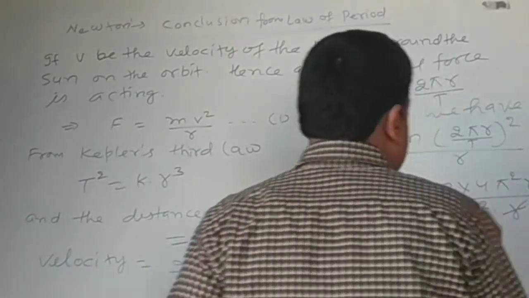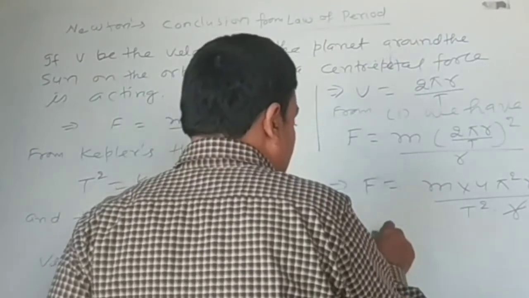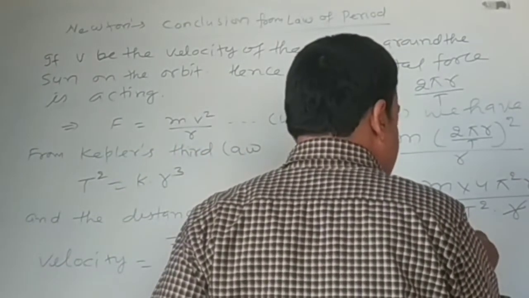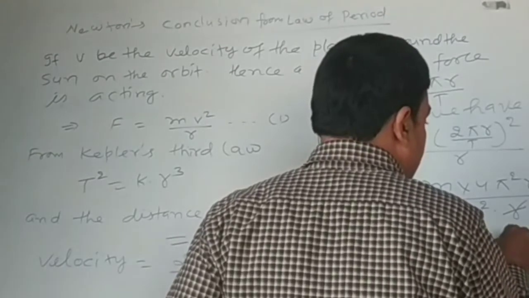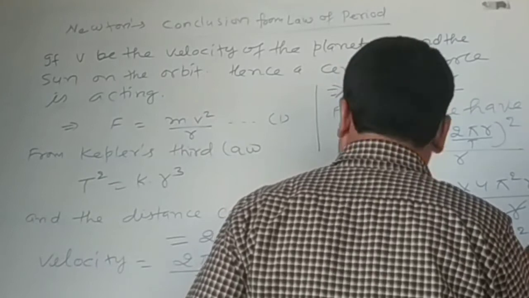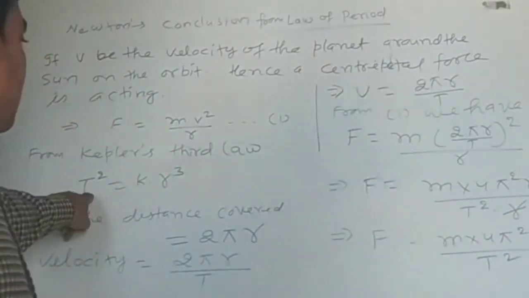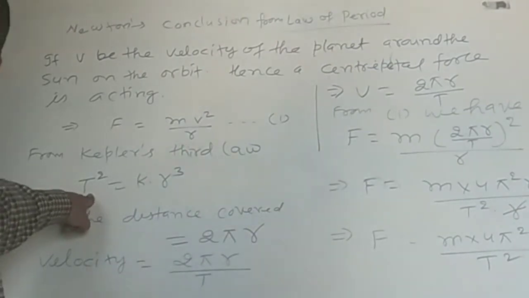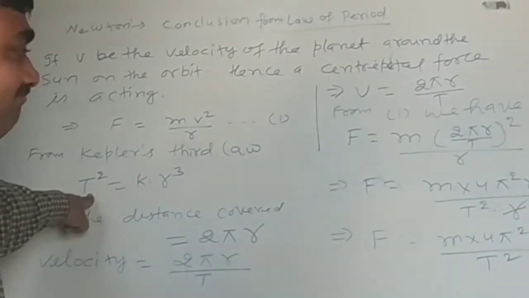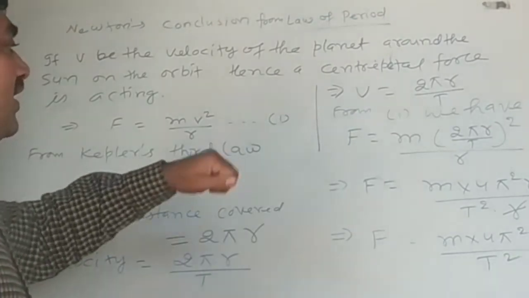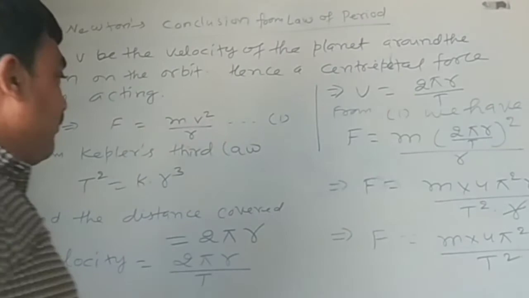That implies it will become F is equal to m into 4 pi square r upon T square. But from third law of planetary motion, T square is equal to K into R cube.